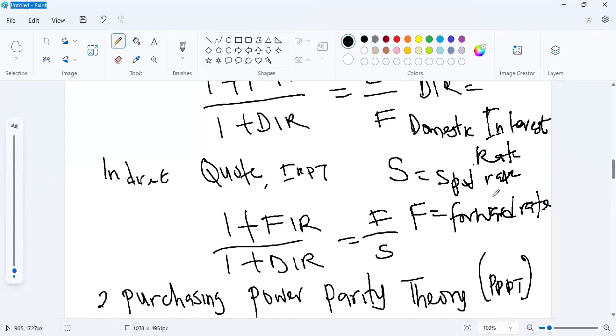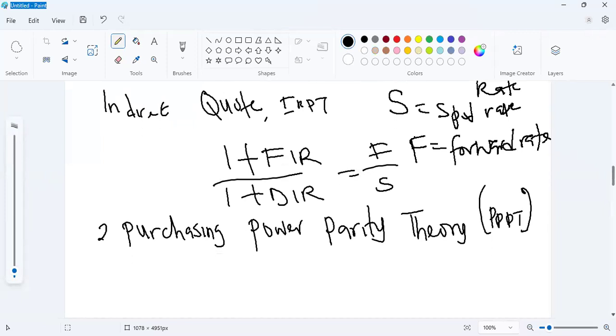We can now explain the purchasing power parity. The purchasing power parity theory states that the differences between two countries' currency values, the differences between two countries' exchange rates, are a result of differences in inflation rates.